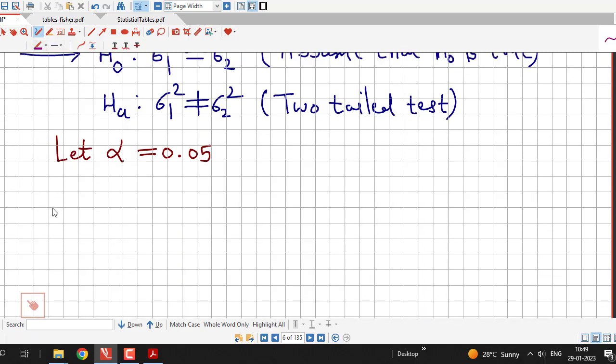Now it is given that both the populations are normal. We require those two conditions to apply the F ratio test.